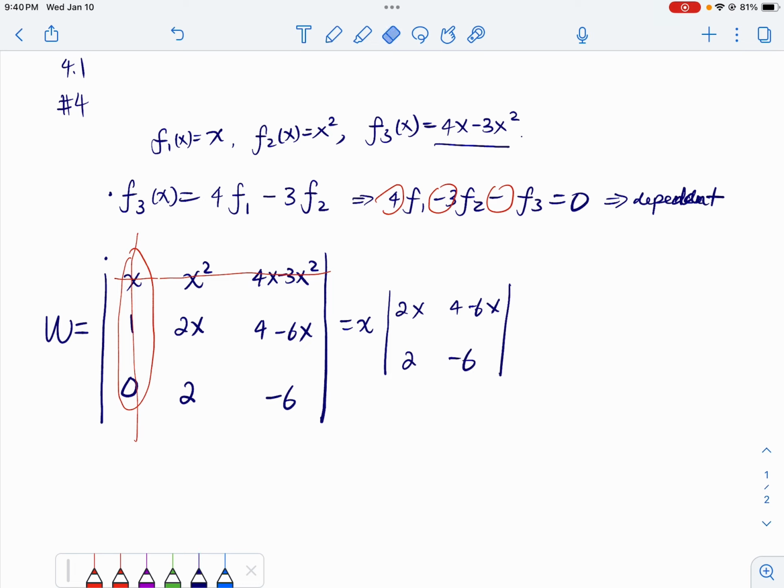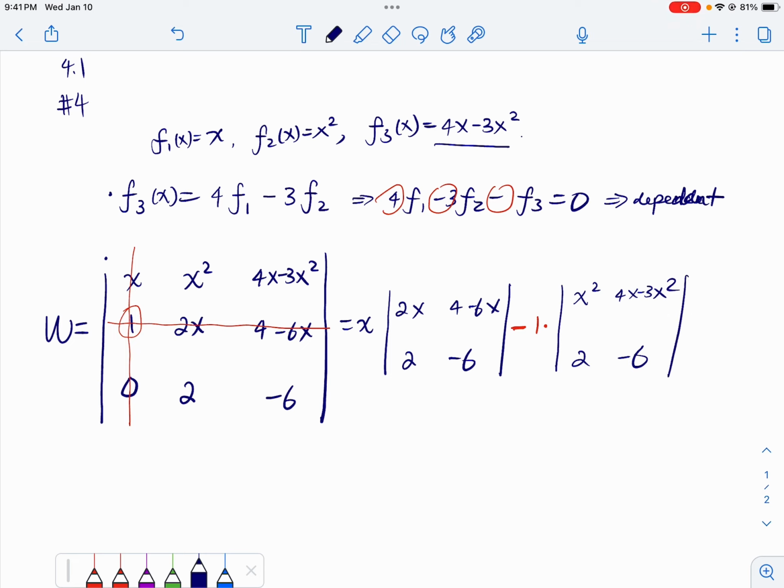Because we are expanding using the first column, the next one will be 1, but the sign will alternate. So minus 1 times, now you cross out the first column, second row. Then you have the determinant of x squared, 4x minus 3x squared, and then 2 and negative 6, okay? And now the third entry, where the sign should alternate again.